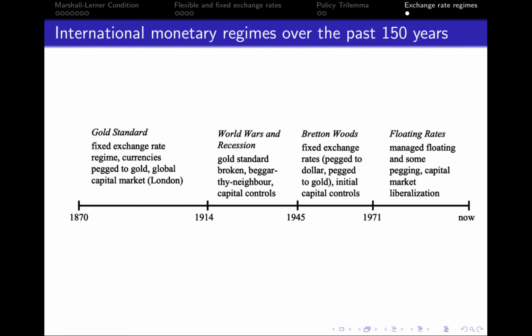Look, this period was characterized mainly by pursuing fixed exchange rates and capital mobility. So in this period, the countries did not have independent monetary policies because they needed to maintain convertibility of their currencies for gold at a fixed ratio.